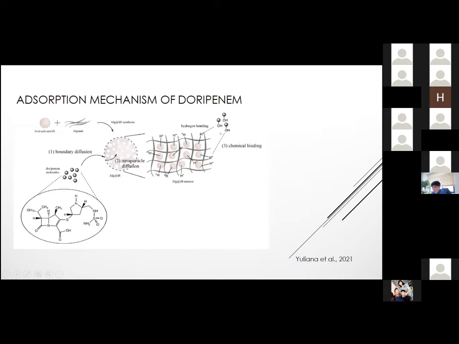So our first deduction is that the interaction happens between the hydroxyl group of the materials and the hydroxyl group of the doripenem. So the doripenem drug molecules bind to the particles because of this hydrogen bonding.